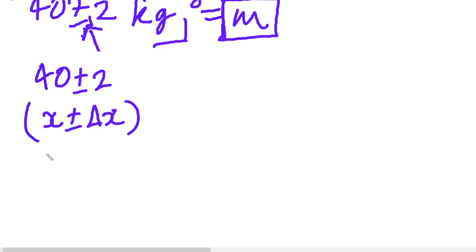You want to figure out what the rule for percentage uncertainty is when raised to a power n.